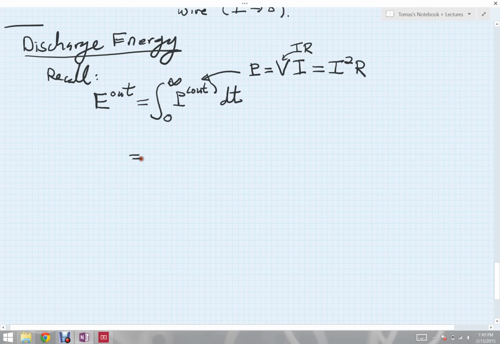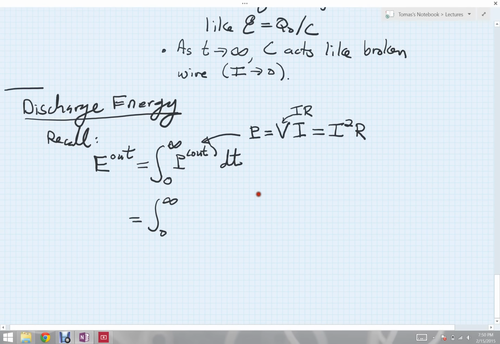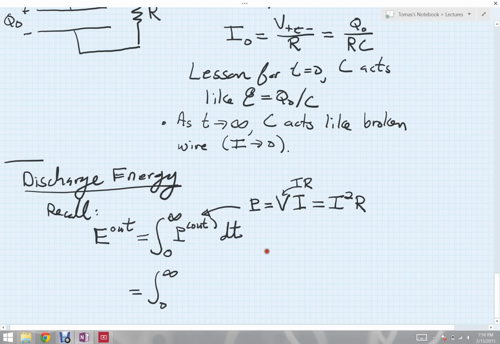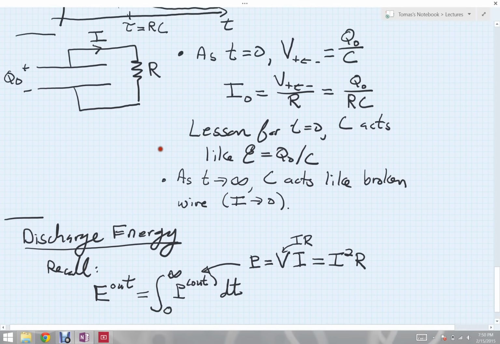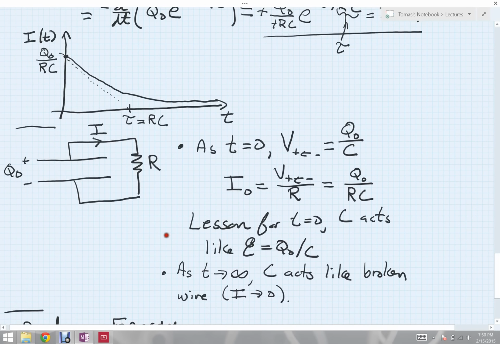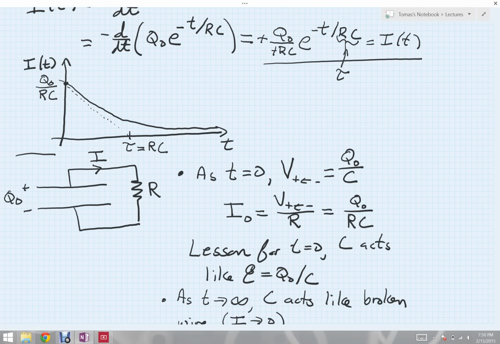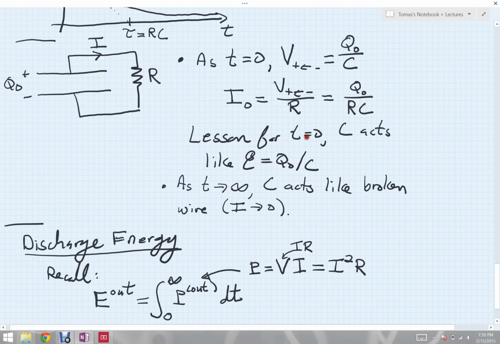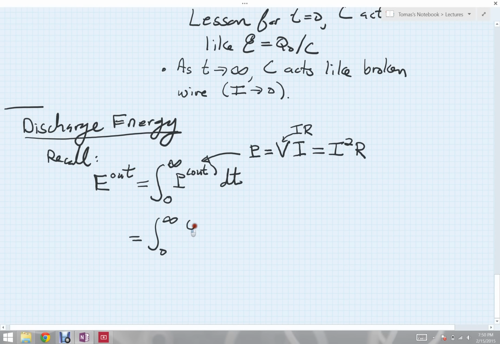So we're going to be integrating from 0 to infinity, the current squared times the resistance, where the current is equal to, where is our value here for the current? We had a formula way up here, right? It's Q naught over RC times our exponential. So this is going to be Q naught divided by RC times our exponential, e to the minus t divided by RC.